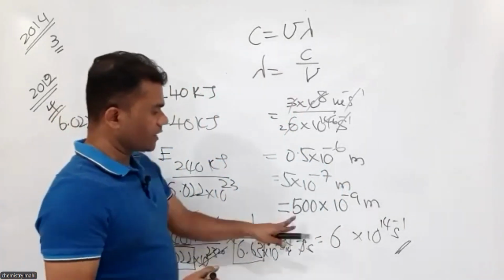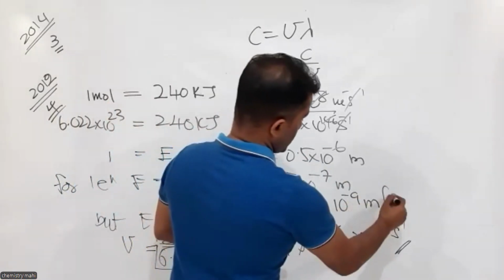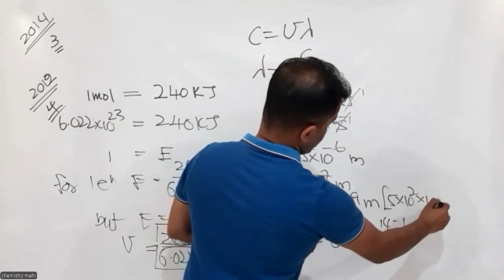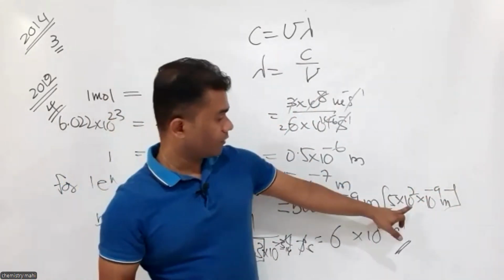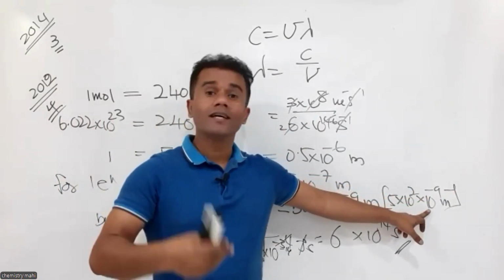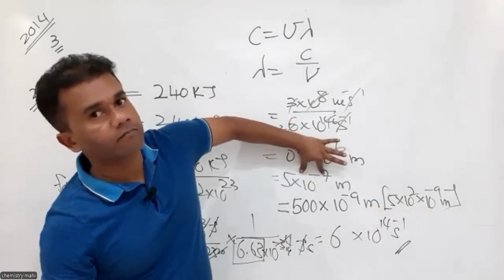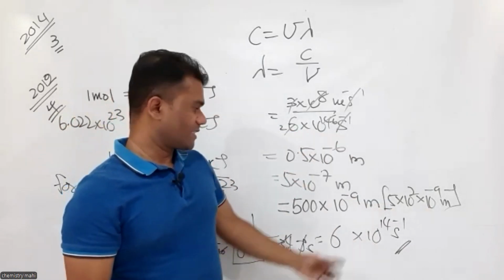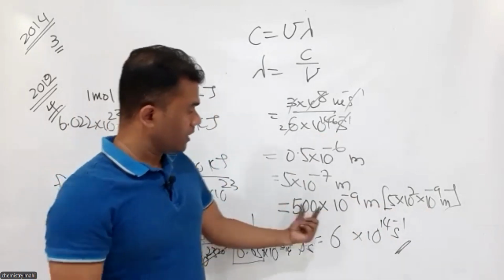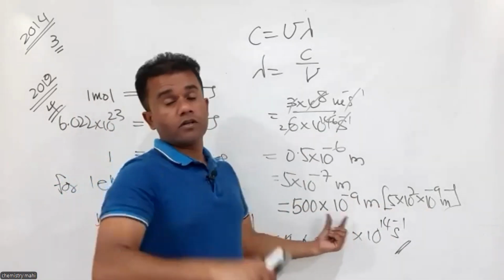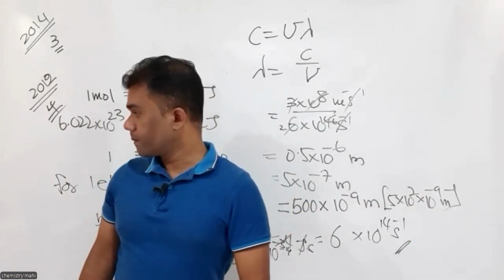Because 500 can be written as 5 into 10^2. So 5 × 10^2 × 10^-9 meter is okay, because 10^2 times 10^-9 is 10^-7. Yes, we have the same value, 5 × 10^-7 meter. But since I need minus 9 to replace with nano, I got it like that. So it becomes 500 nanometer. Do we have 500 nanometer? Yes, third answer.